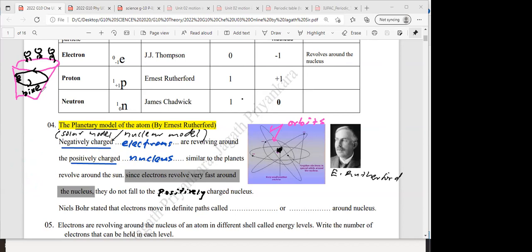Let me give you an example. When you are in a vehicle, it's like a planet. The vehicle is moving, say at 100 kilometers per hour. You also have the same velocity, but you think you are at rest.